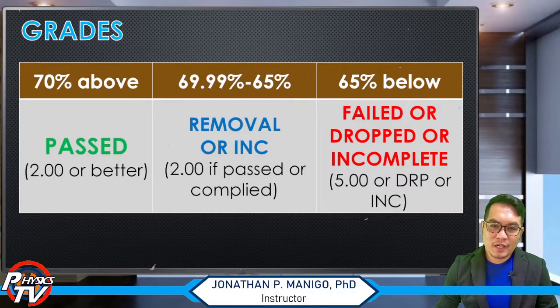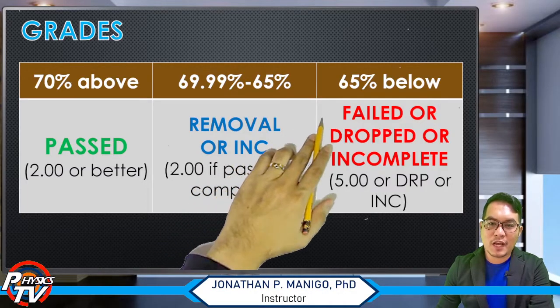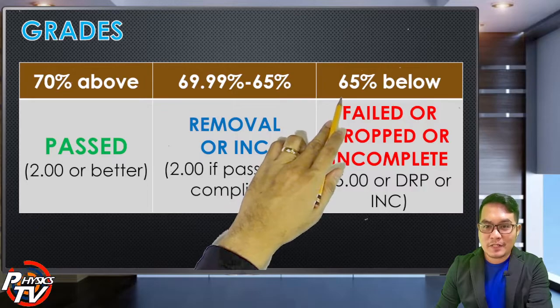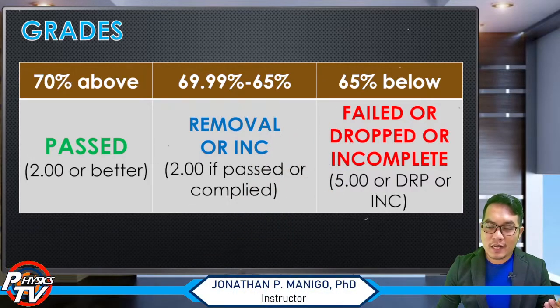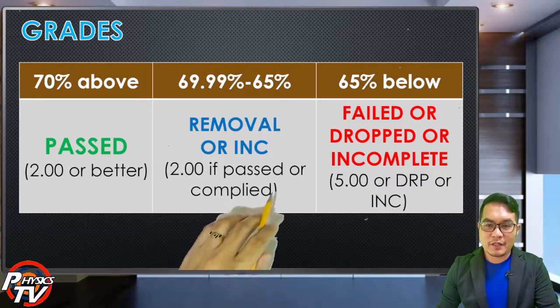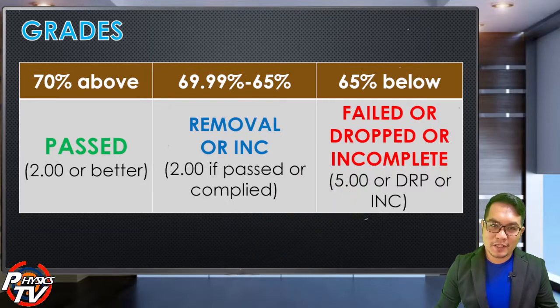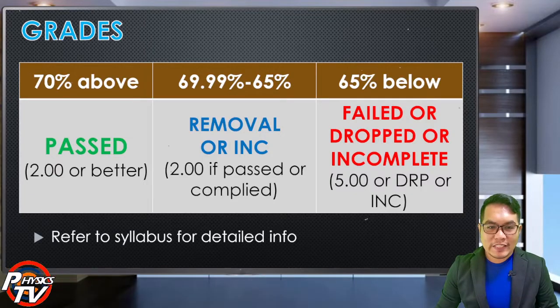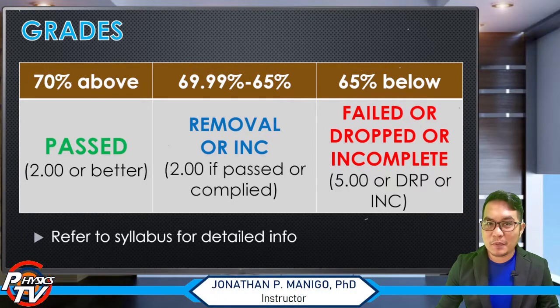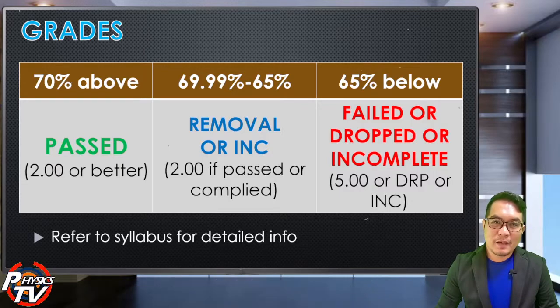If the reason why your grade is below 65% is just because you haven't submitted a requirement, then I will just give you a grade of INC, and you need to comply with that within the next semesters. So for more details, refer to the syllabus. The syllabus is already uploaded in our LMS Moodle.